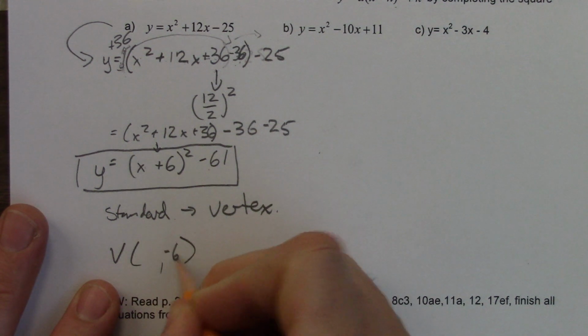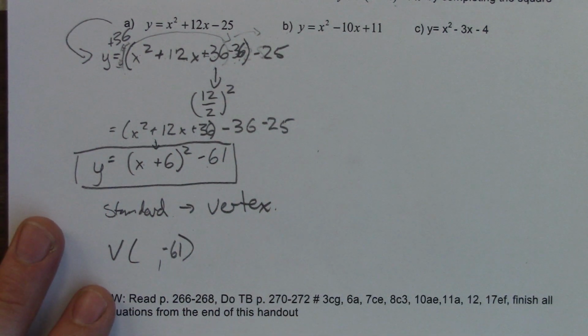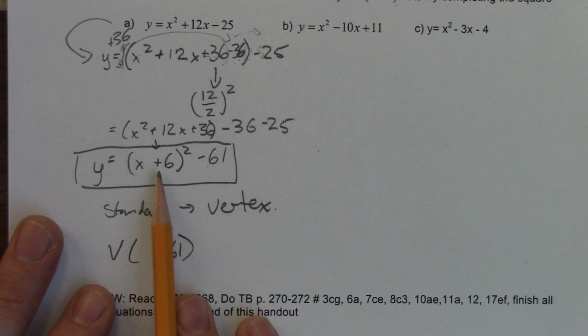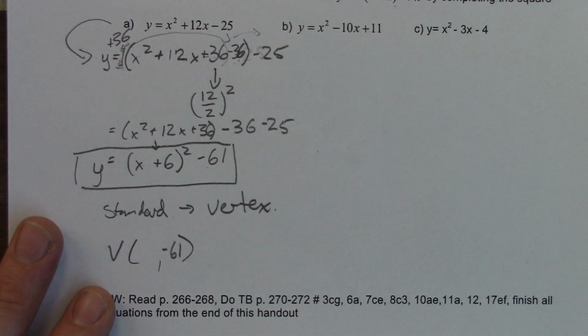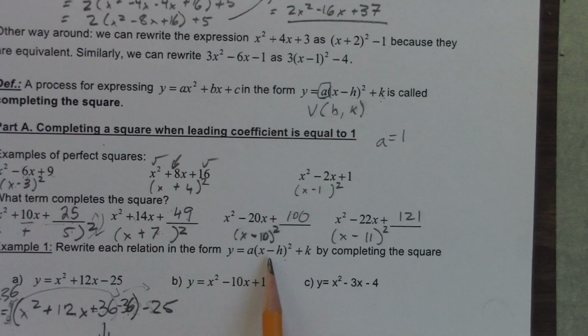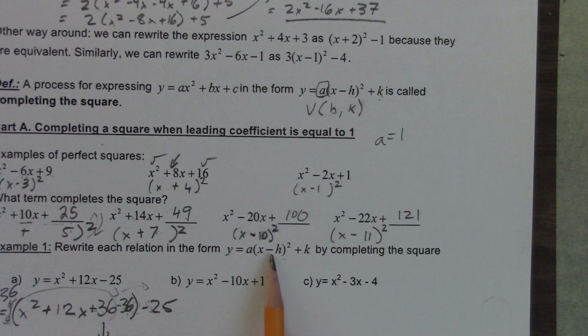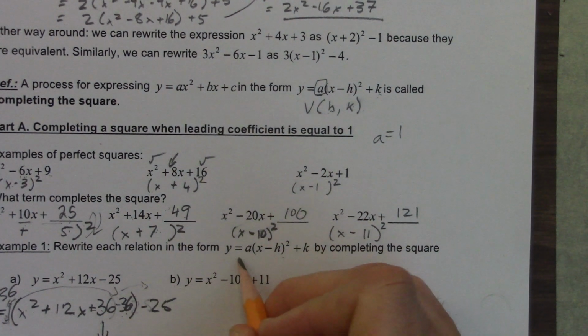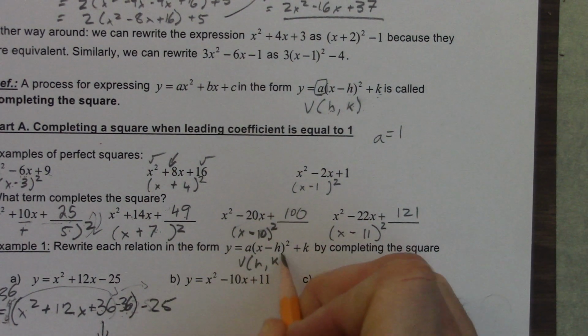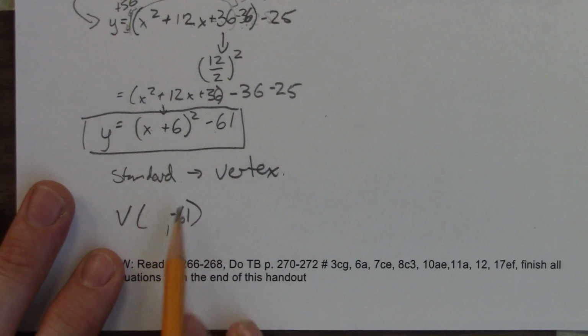No, I've got a problem with the 6. Not positive 6? Yeah, you have to change the sign, right? Because this is negative H, and the vertex is positive HK. So whatever the sign is with the x, you have to change it.